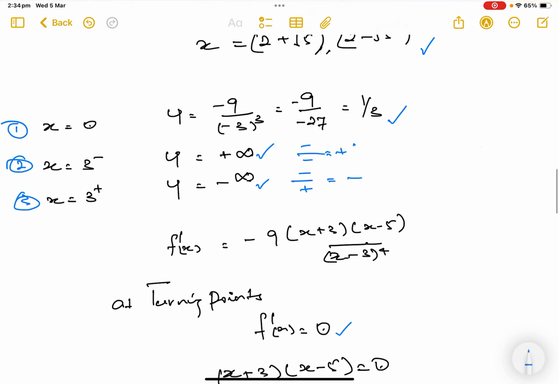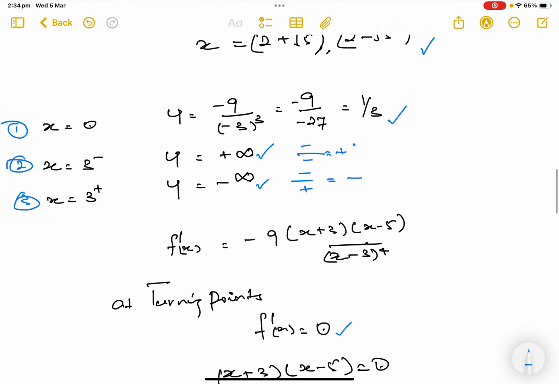Number 4, x equals minus 3. That is here, and that is a turning point. X equals minus 3, y equals minus 5 over 6. So that is this point.